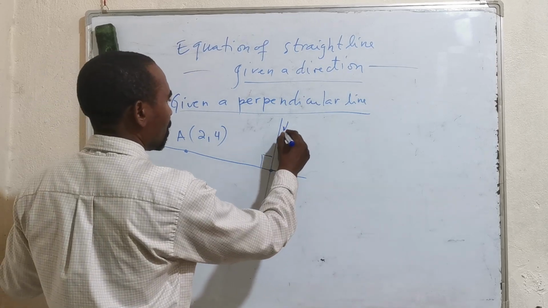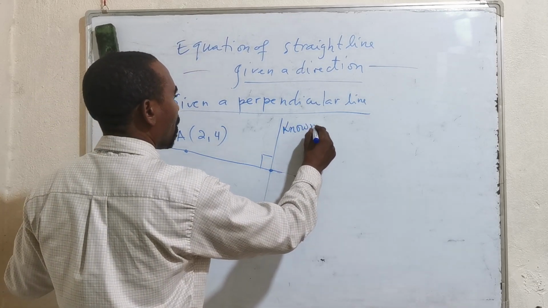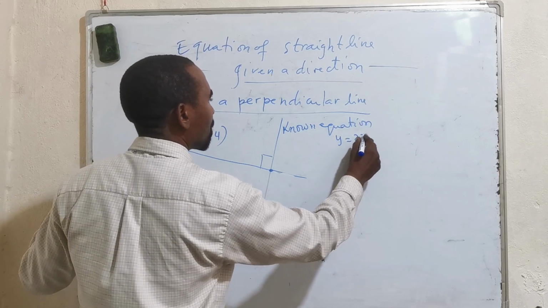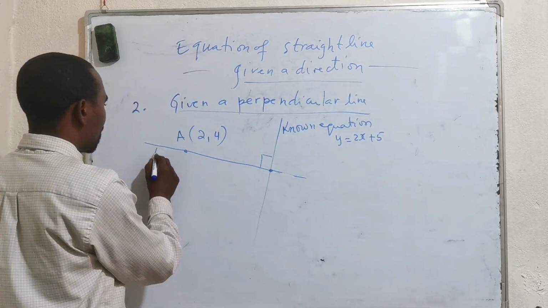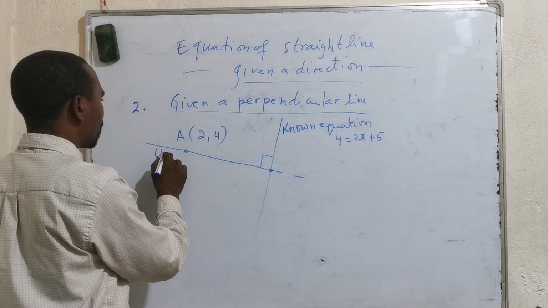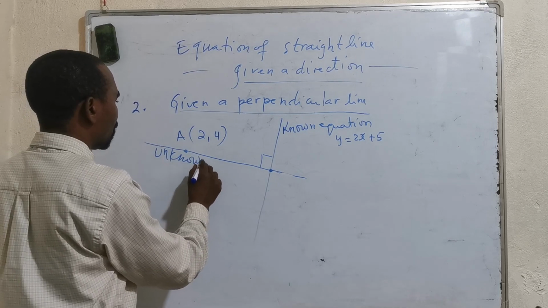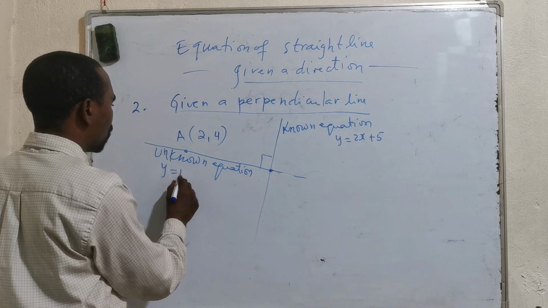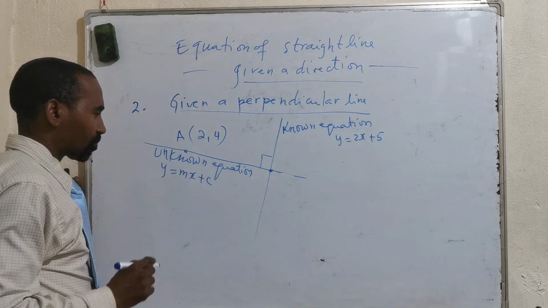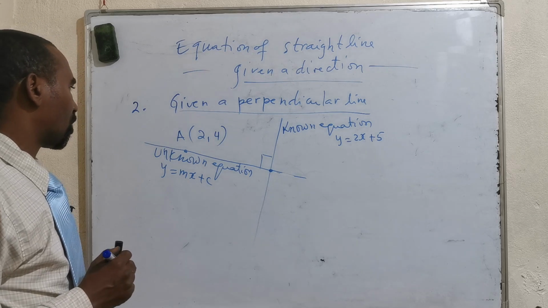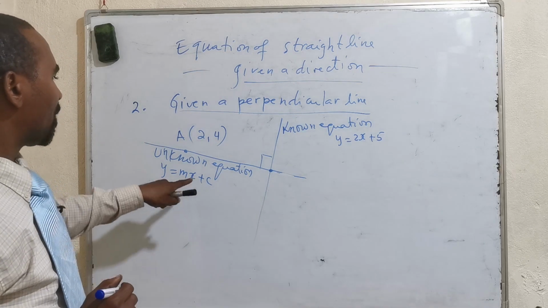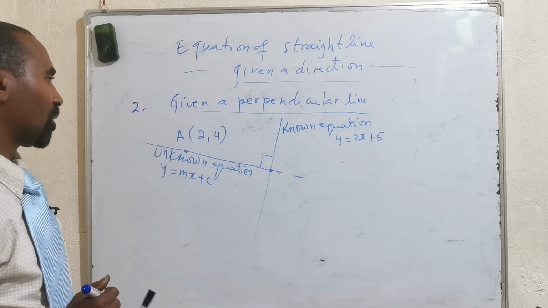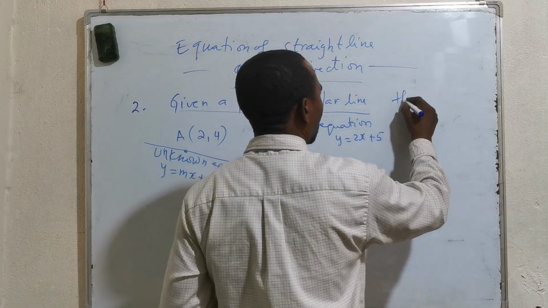This is the known equation, let's say y = 2x + 5. How do we find the equation of this unknown line which is passing through (2, 4)? We need to take this theorem.